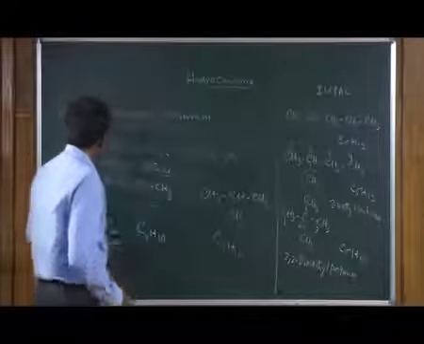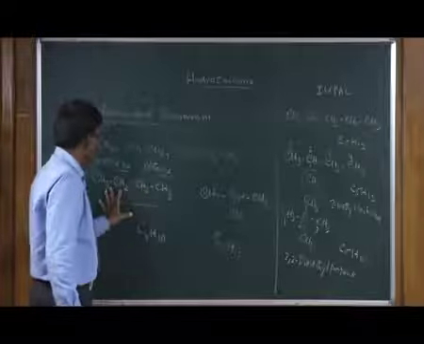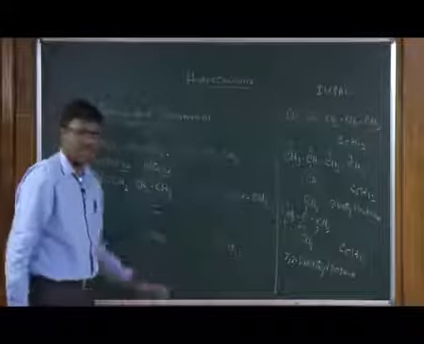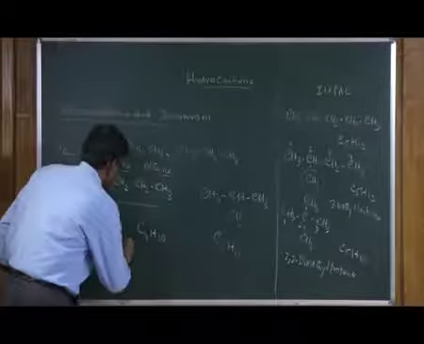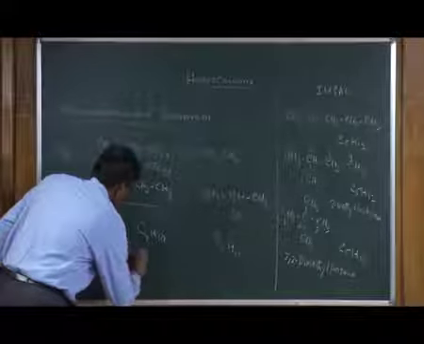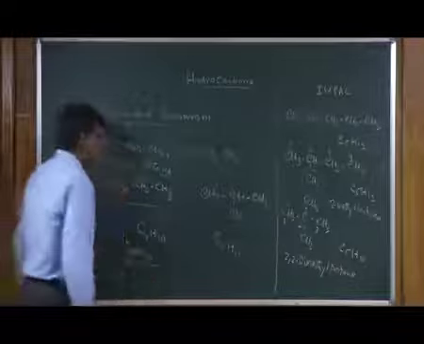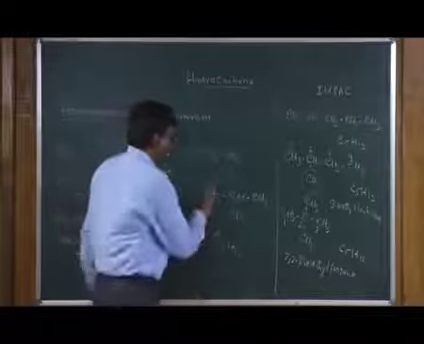Now let us look at this one. In the case of butane, one is a linear structure and another is a branched structure. This is called butane, there is no problem. Now you have to start numbering this compound.